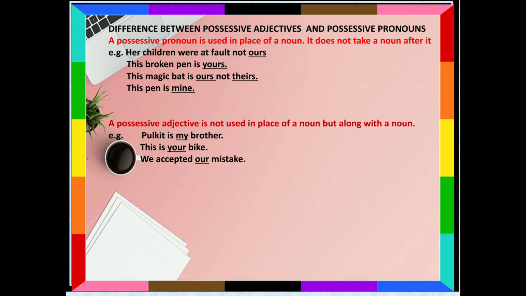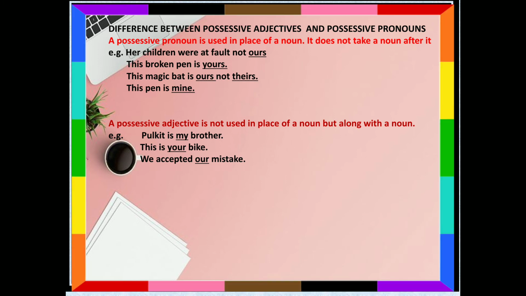So as you can see, ours, that is a possessive pronoun, and after it we have not used a noun. This broken pen is yours. This magic bat is ours, not theirs. This pen is mine.